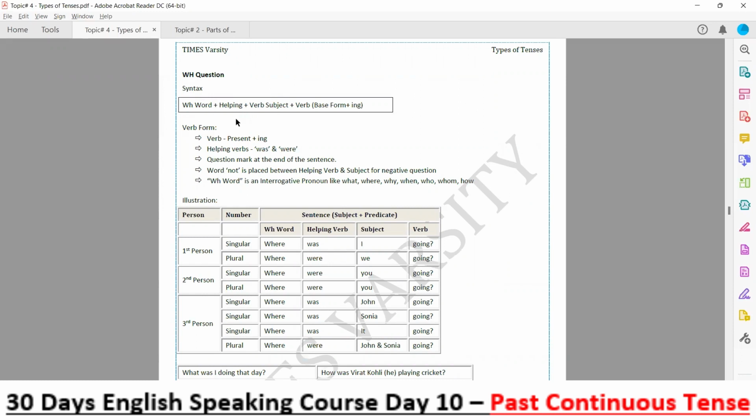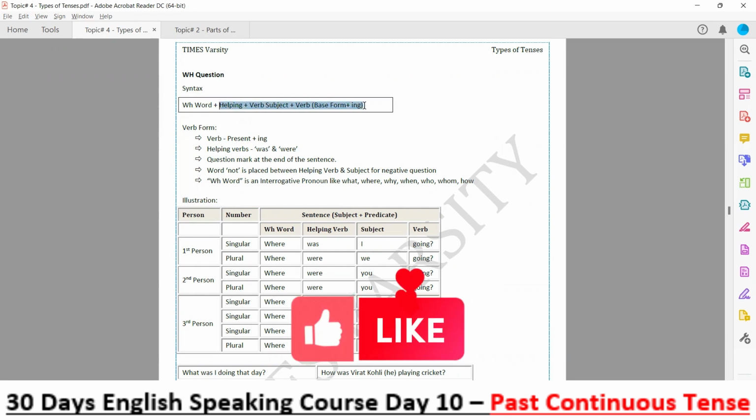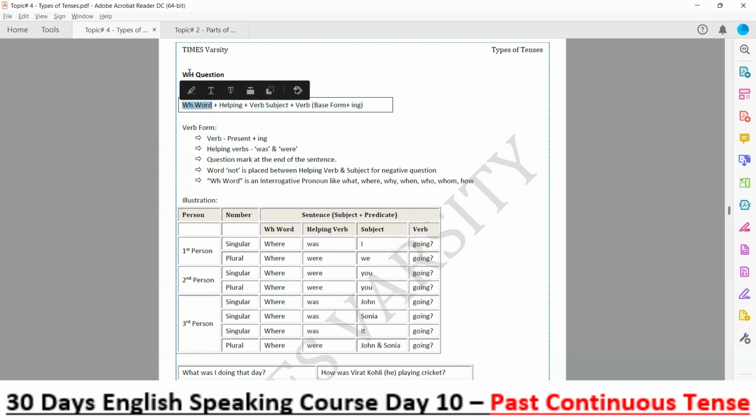So that's why, look at this syntax, because this is the syntax of simple question, and we are adding WH word, so it becomes WH question. The verb form is present plus ing form. Helping verb remains same. Question mark at the end of the sentence, because whether it is a simple question or WH question, it should end with a question mark.